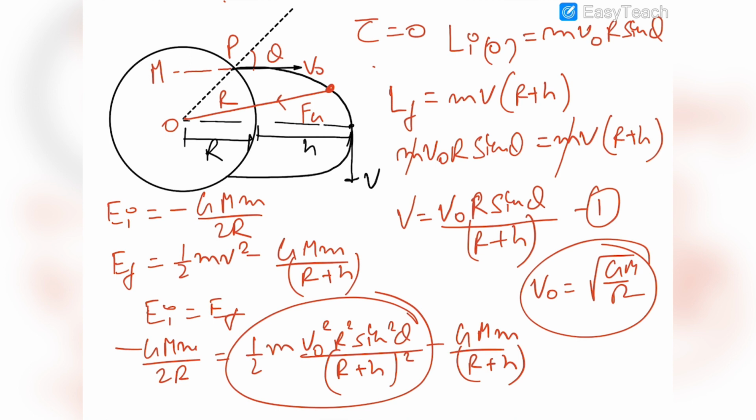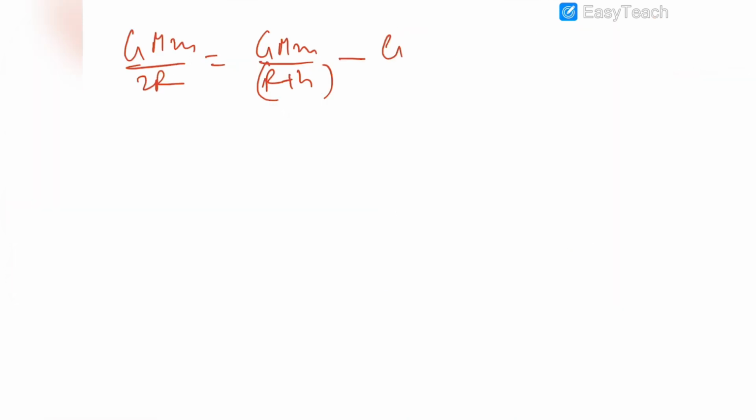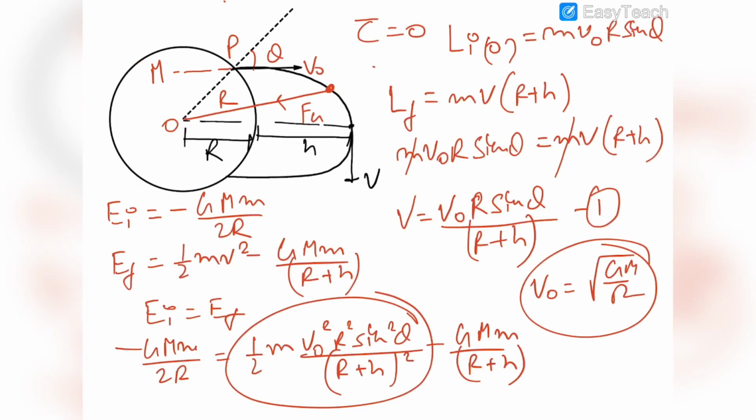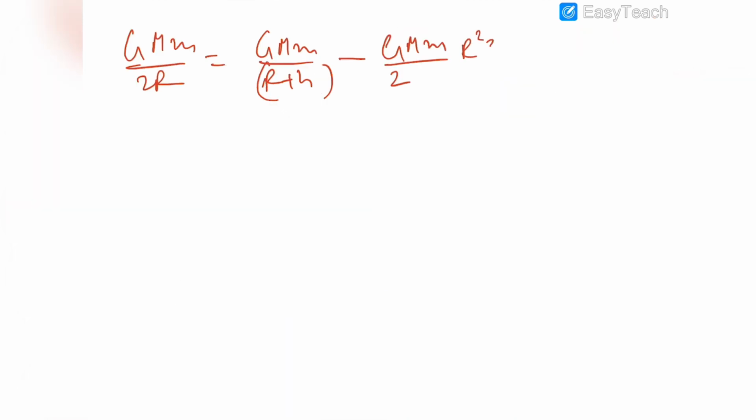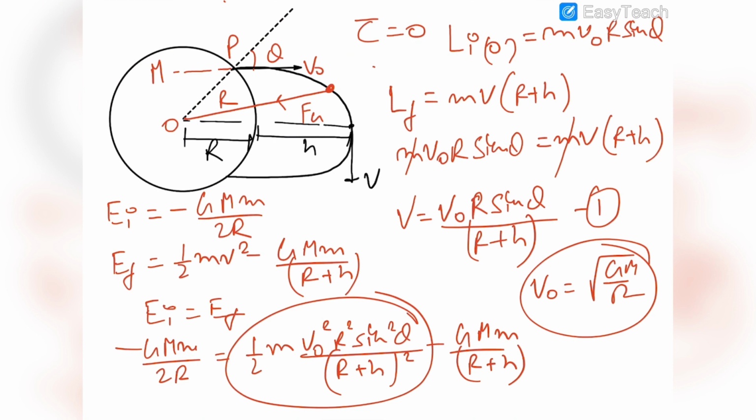So it would be GMm by 2, and this is R square sine square theta divided by (R plus h) whole square.